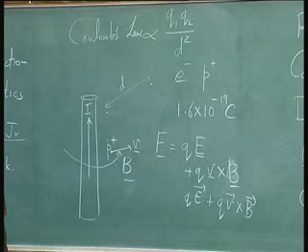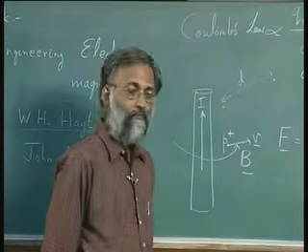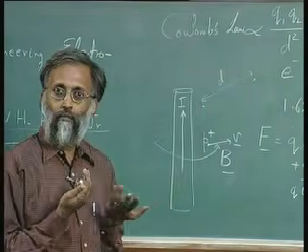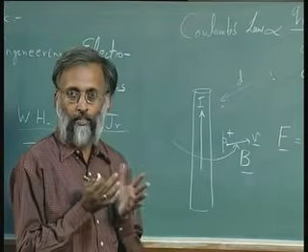Now, what else do we know about electricity and magnetism? We know that there are things called capacitors. You can go out to the electronics shop and you can buy them. These capacitors are made of silver foil and separated by some insulator.